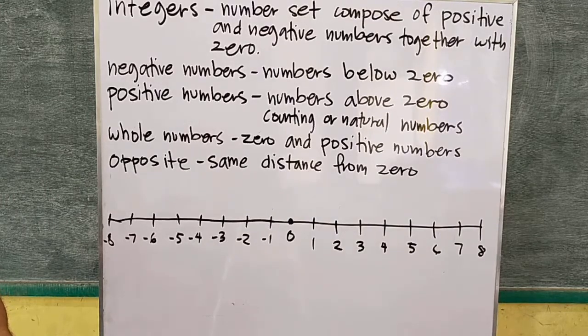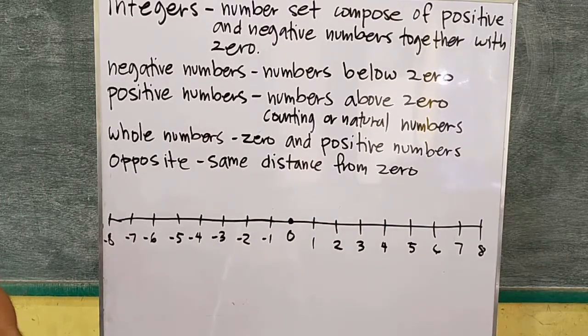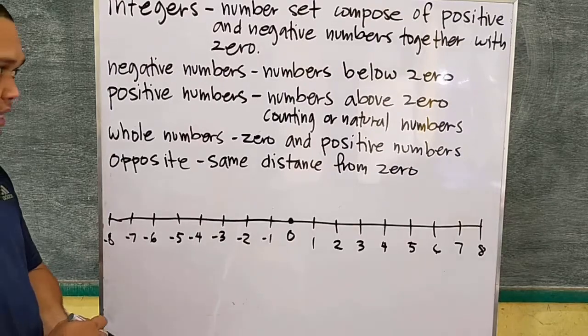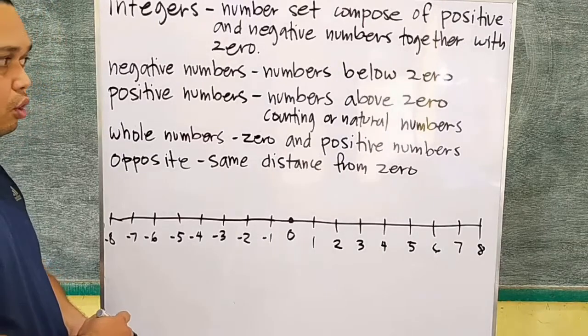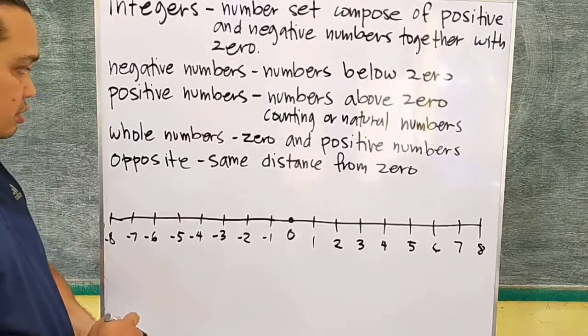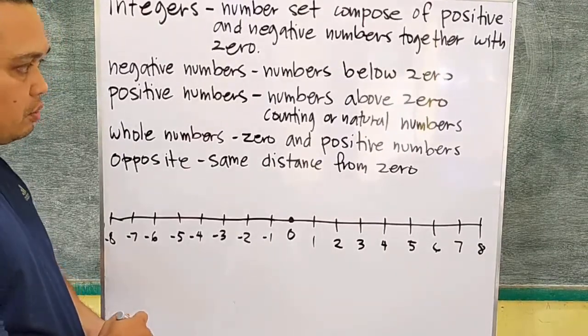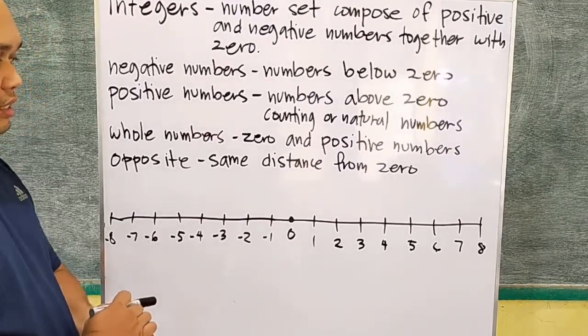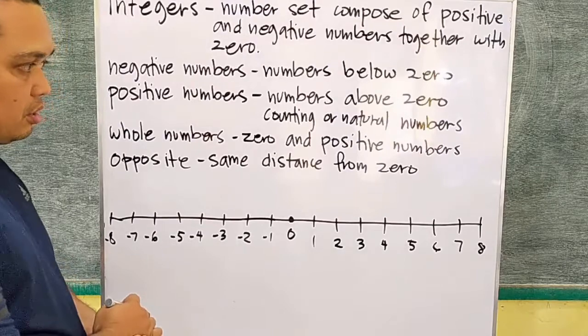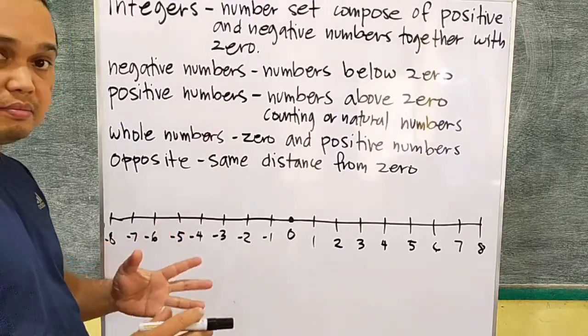Negative numbers are numbers below zero. Positive numbers are above zero, counting or natural numbers. Whole numbers are zero and positive numbers, while opposites are the same distance from zero. Now, let me explain that.